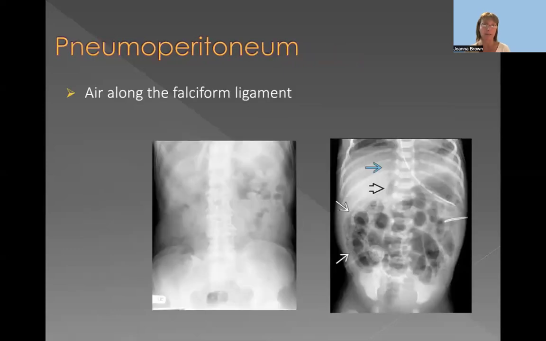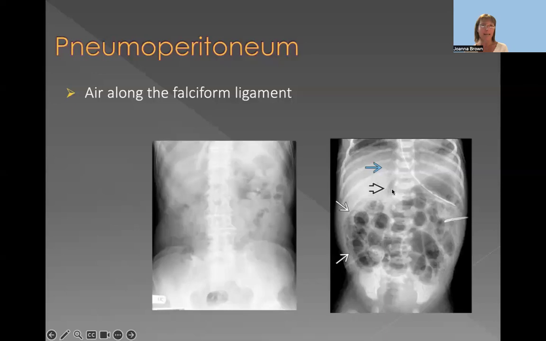wall of the bowel. Another example is the free air along the falciform ligament here, that you can see in the liver in the right upper quadrant. In this patient, because we have a lot of air over the liver with increased lucency, you can see the falciform ligament as a very dense band of soft tissue, extending near from the porta hepatis.